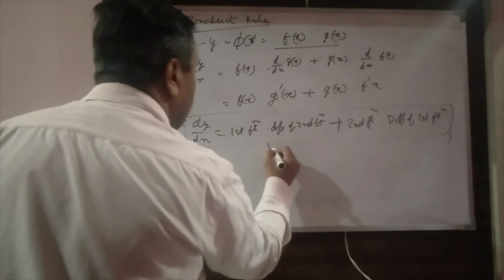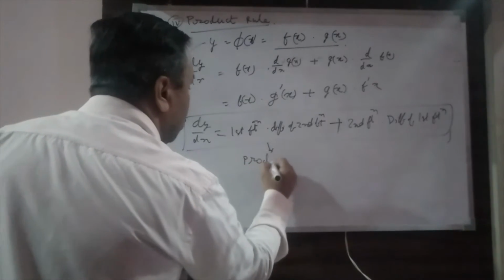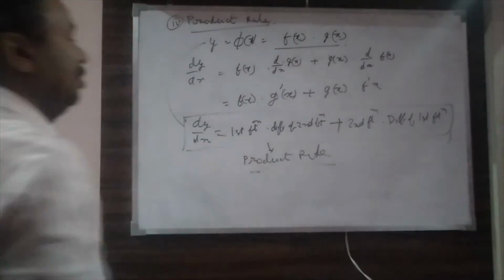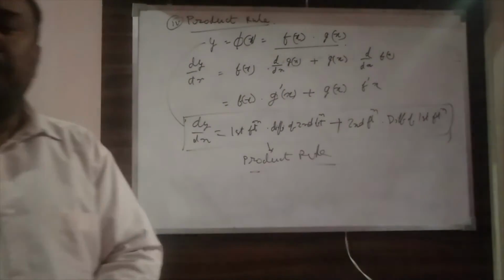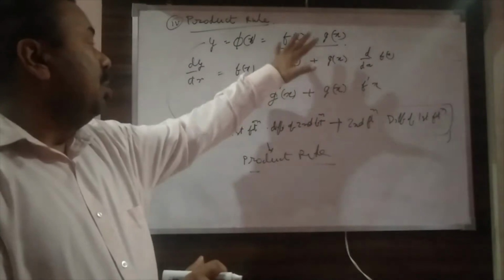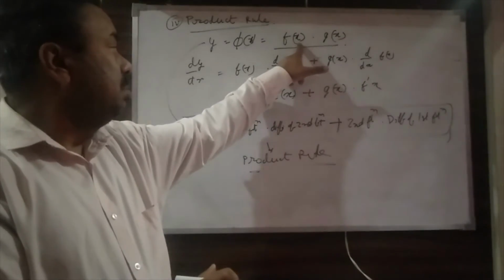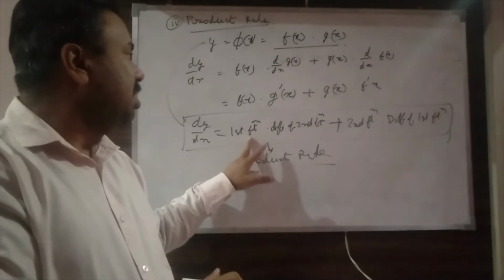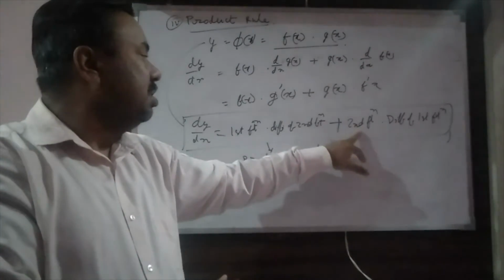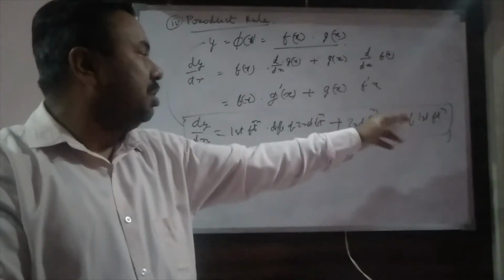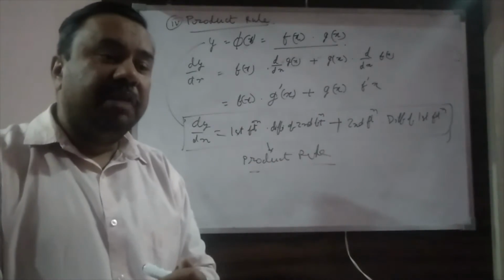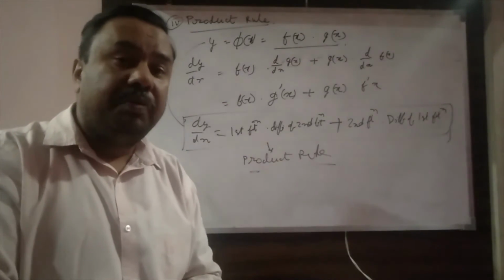This is called the product rule. It is simple: you take the first function as it is, differentiate the second function, then you take the second function as it is and differentiate the first function, and then add it.